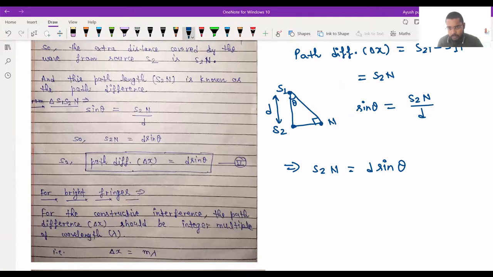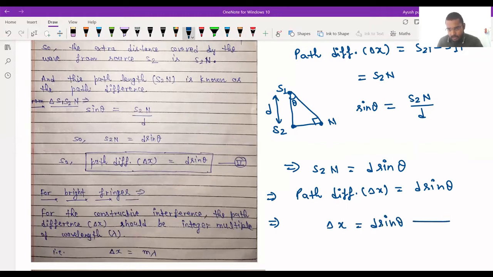That means the path difference delta X will be equal to D sin theta. So delta X, the path difference, is D sin theta. That is equation 1.